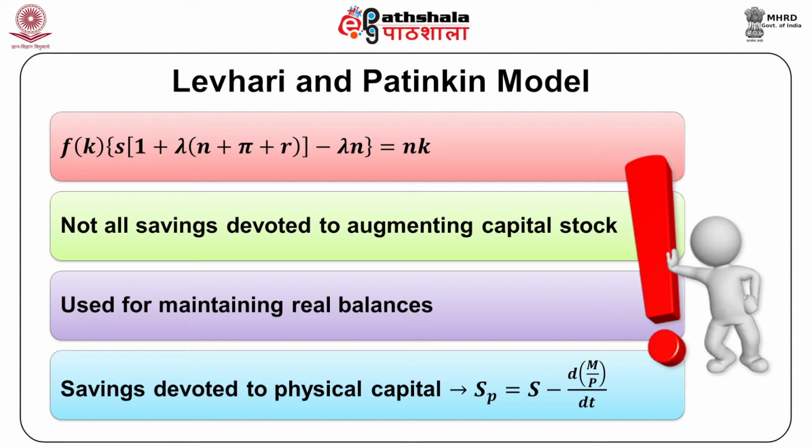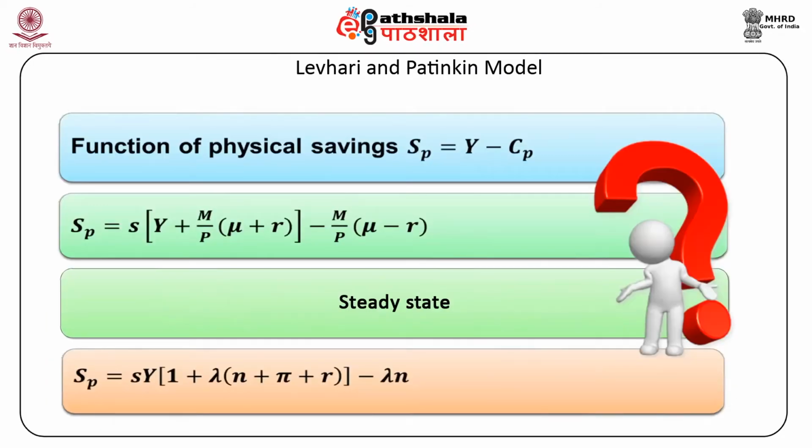The distinguishing feature of a market economy is that not all the savings need to be devoted to augmenting the capital stock. Some of it can also be used for maintaining the real balances. The savings devoted to physical capital are SP, equal to S minus the derivative of M upon P with respect to T. But this function of physical savings can also be written as SP is equal to Y minus CP.